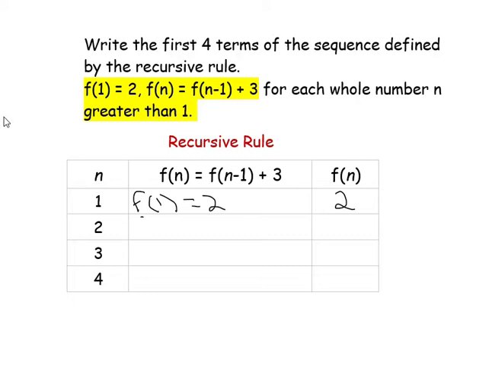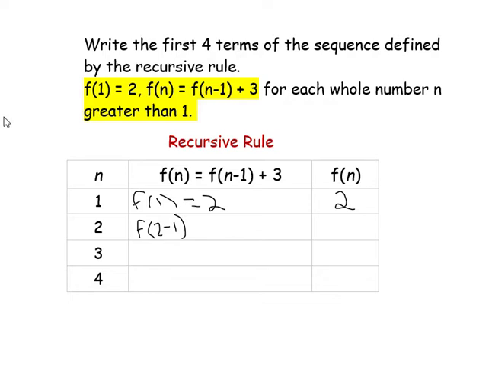The correct way to solve this is f of 2. Well, that means that I am going to plug in a 2 there. But f of n minus 1, which is 2 minus 1, right? 2 minus 1 is 1.